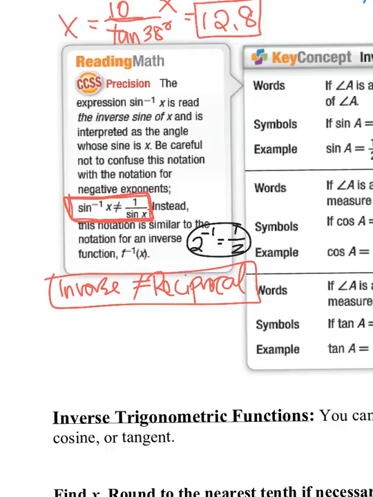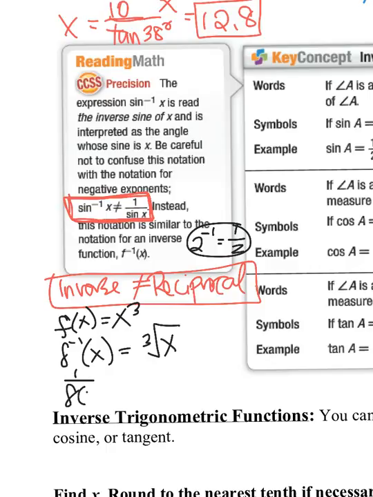Let's say I have the function f of x is equal to x cubed. The inverse function of x cubed is the cube root. But the reciprocal function is 1 over x cubed.